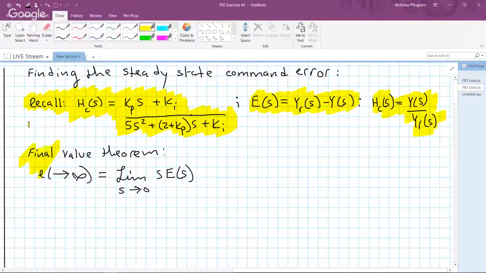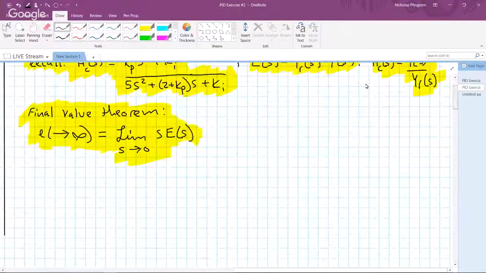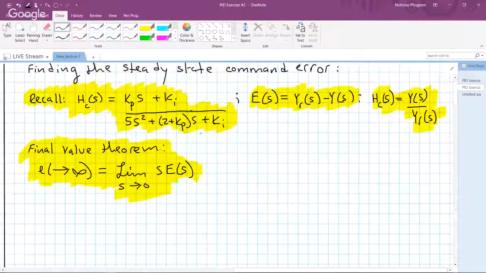So everything I just highlighted in yellow, they're pretty pertinent and important for this part of the problem. And if you don't get it, I don't know, just do this problem 5 more times and you'll get it. So what I'm going to do with this now is I'm going to manipulate the error function to get our E of S for the final value theorem.